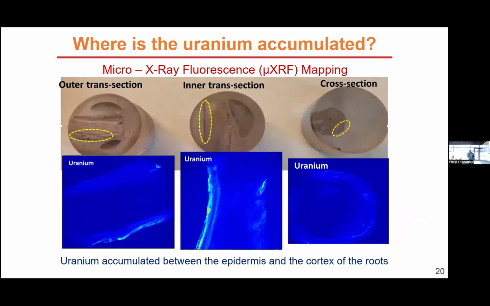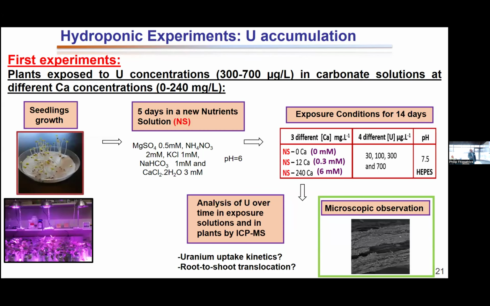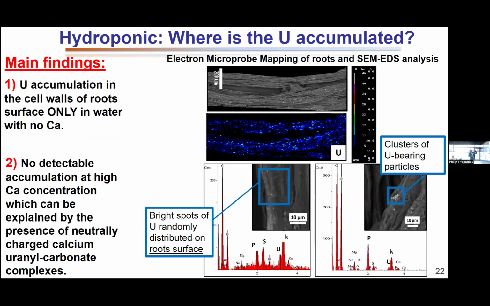And what we saw after that experiment was some uranium accumulation in the roots, but only when we had no calcium. What we ended up realizing was that calcium, uranium, and carbonate form complexes that tend to be neutrally charged or negatively charged above pH 7, and we're working at pH 7 here.